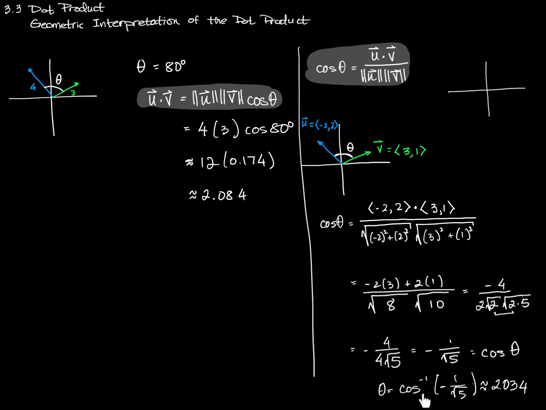I can talk about cosine inverse in quadrants 1 and 2. So I have to be in this region here to talk about cosine inverse. And in terms of radians, and I'm at 2 radians here, if I go from 0 degrees to 90 degrees to 180 degrees, that's pi radians, which is a little over 3.